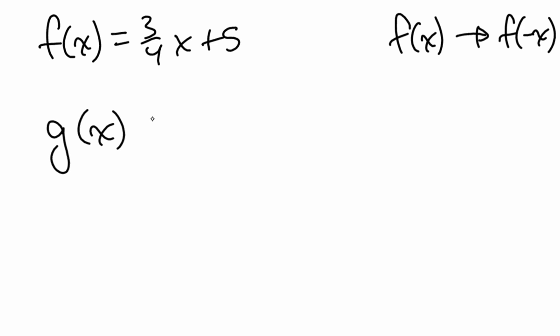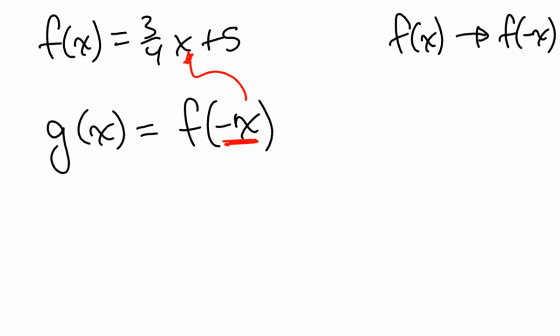So g of x becomes f of the opposite of x. This value right here, negative x, is what's going to be passed into this function to produce this transformation.